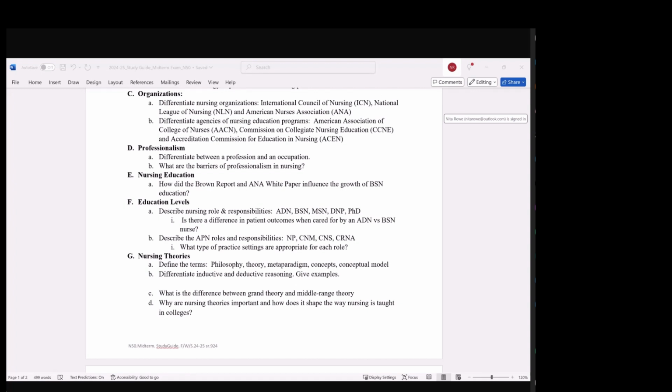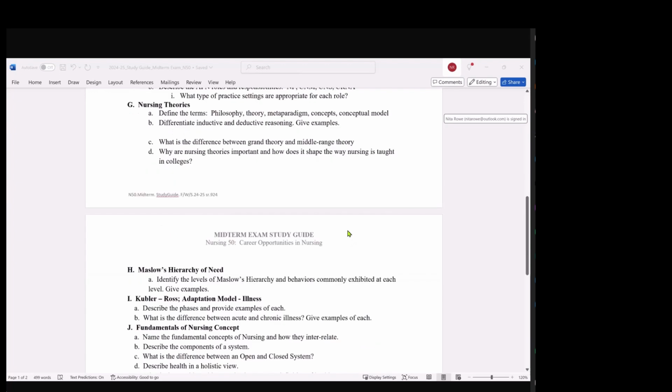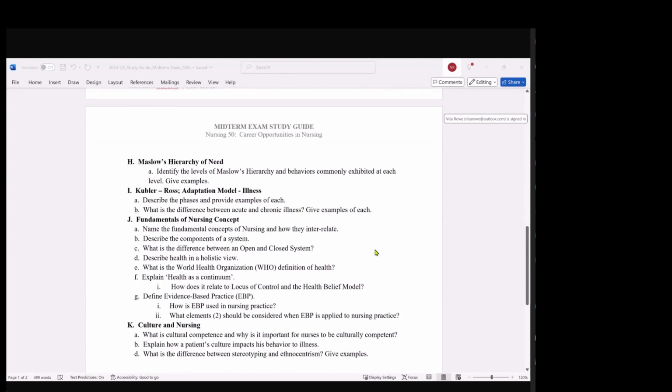Moving forward, let me see here. Maslow. Thank you, Yoreli. Perfect definition. Remember our friend Maslow. Okay. What are the different levels of the hierarchy with Maslow?